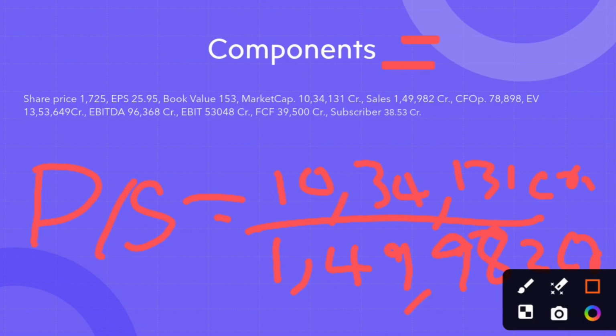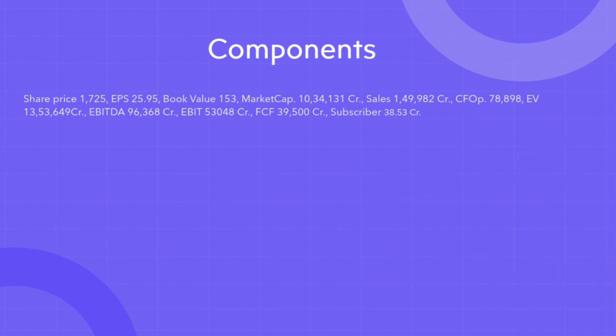Which gives us the PS as 6.89, which is good. This should be between or under 10, which shows it is good.